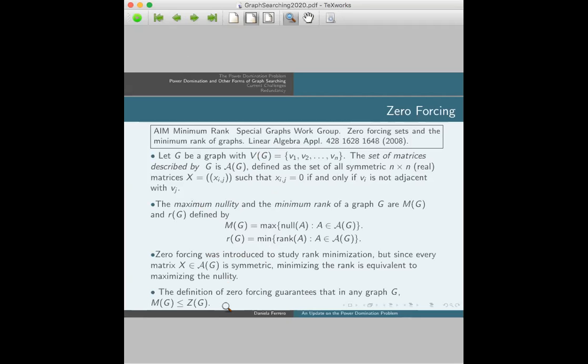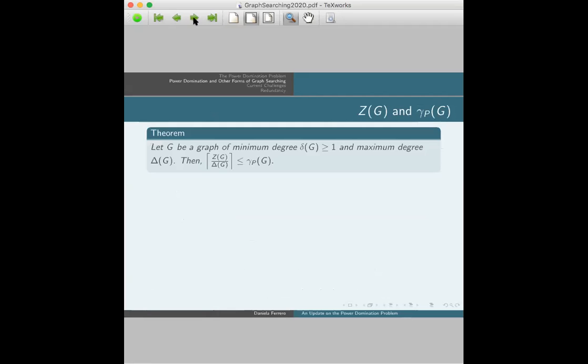And indeed, the definition of zero forcing number guarantees that in any graph, the maximum nullity is a lower bound for the zero forcing number. And with this, we start to get more excited because now we have a tool that is independent of the zero forcing number and is significantly different because it's a tool belonging to linear algebra. So it gives us another angle from where to tackle the problem of power domination.